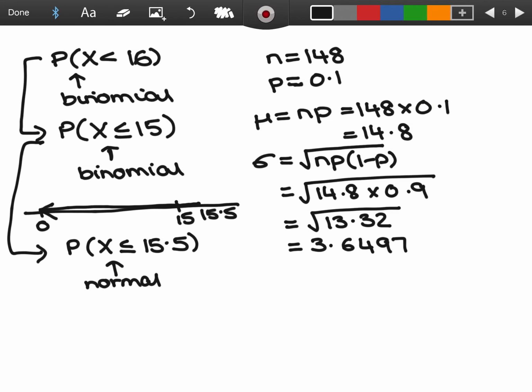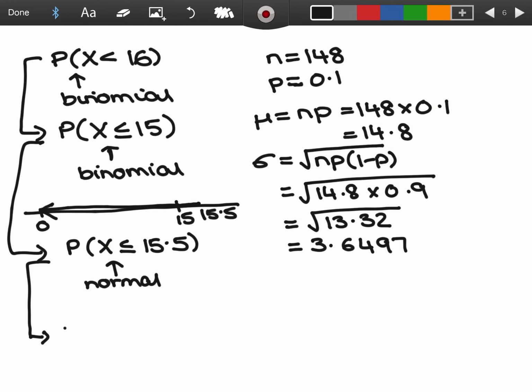I've got a mean that isn't 0 and a standard deviation that isn't 1, so I would like to go from normal into standard normal. I have an upper bound of 15.5 and no lower bound, and I'm not in standard normal, so I can't use the standard normal table here. In order to do that, I need to do a z transformation.